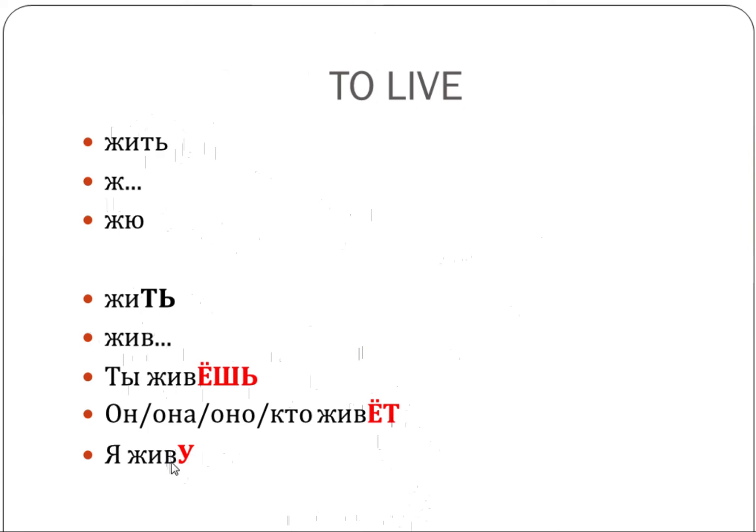Remember, работаю. And here in the first conjugation, so this verb is actually first conjugation because the vowel it uses in most forms is ё, which is a variation of е. So even though the infinitive has е, the endings here, letter ё, overrides that and makes it first conjugation. So in first conjugation, when the letter is not a vowel before the ending, then instead of ю we add у. So я живу, ты живёшь, он, она, оно, кто живёт.